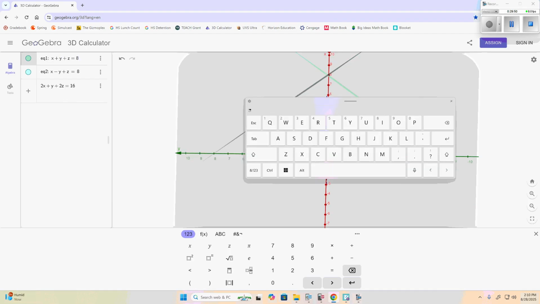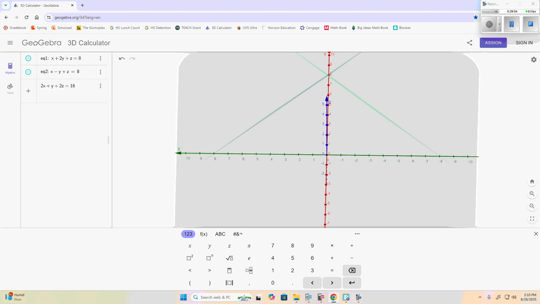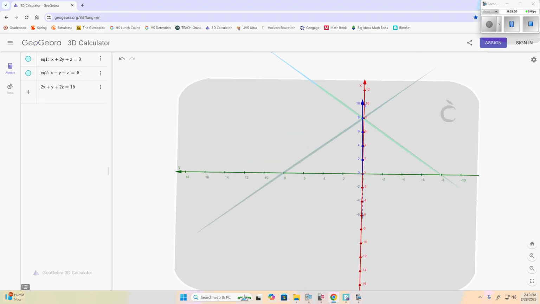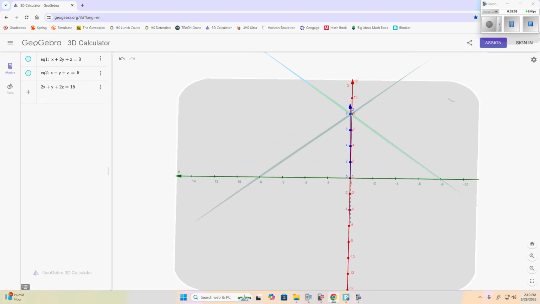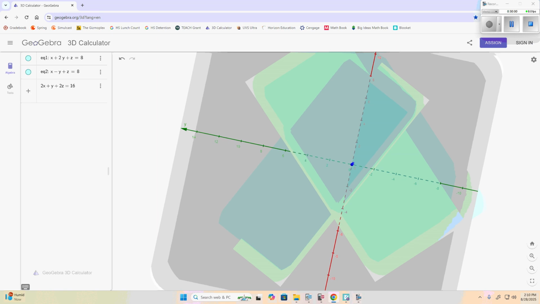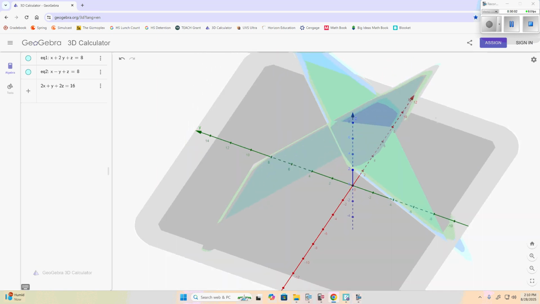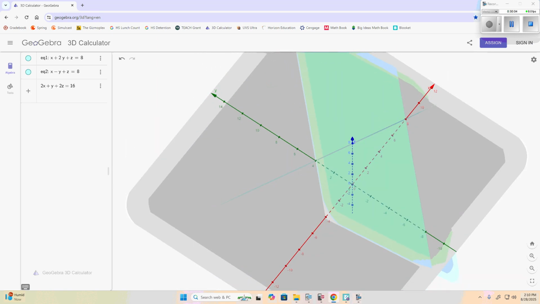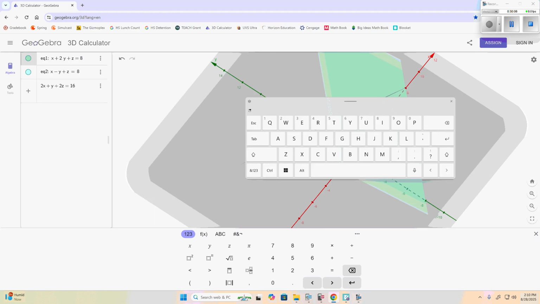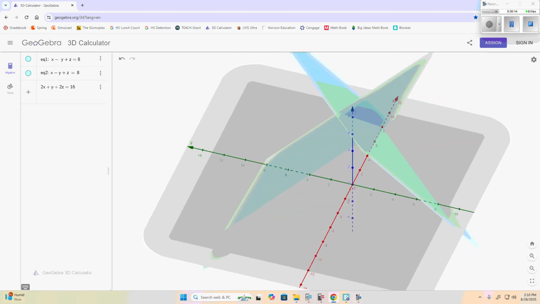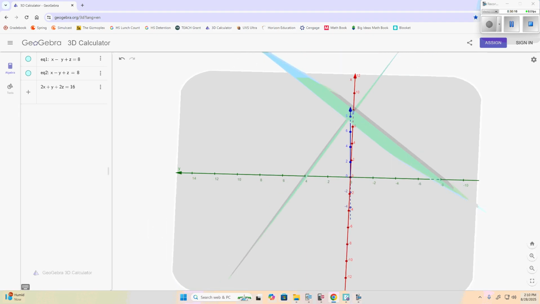Let's see. The solution. Numbers behind that number.